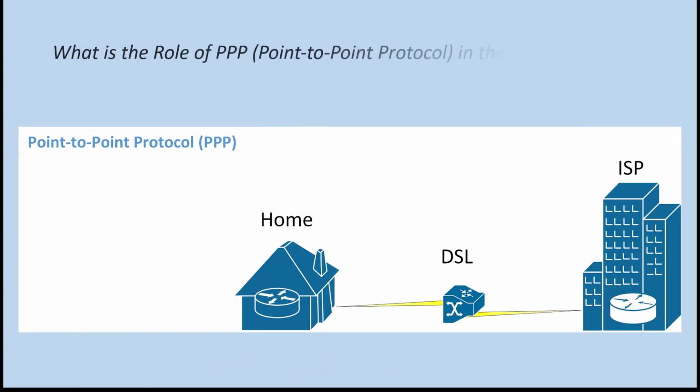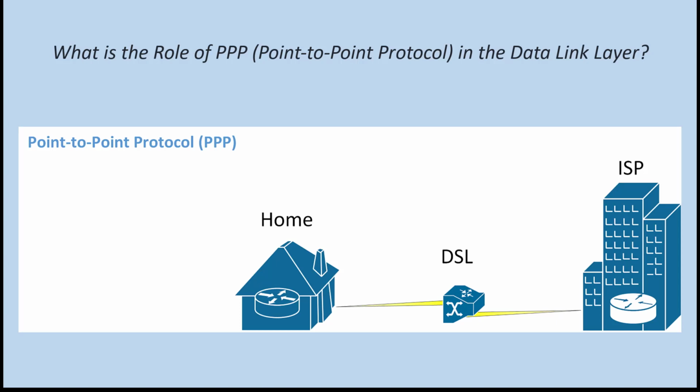What is the role of PPP, or point-to-point protocol, in the data link layer? Ever met PPP? The hidden hero of the internet world. It's like the conductor in the data link layer, ensuring devices have smooth, private chats.